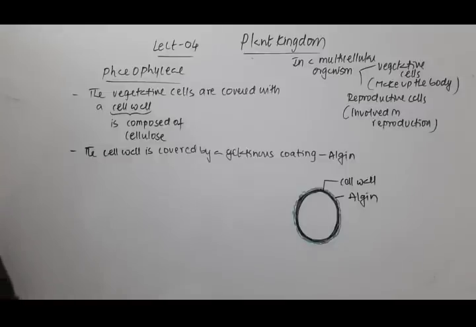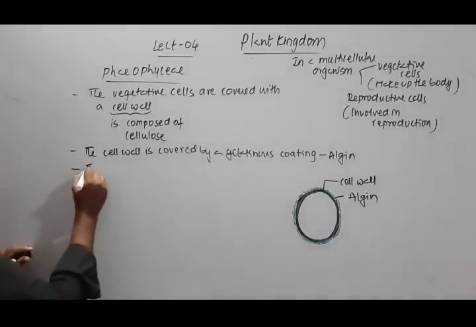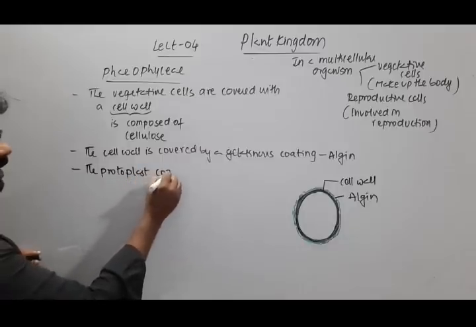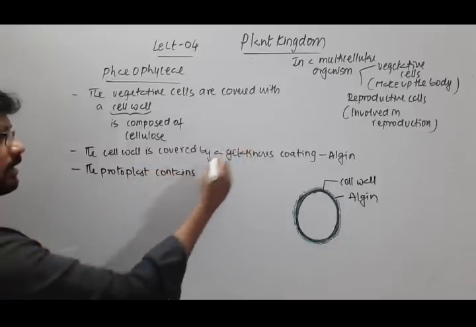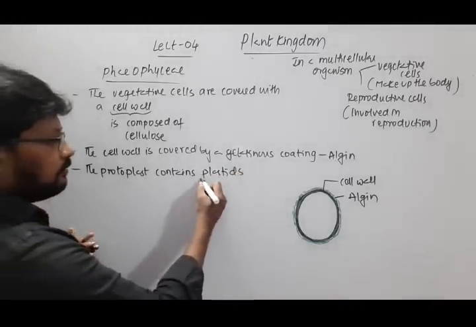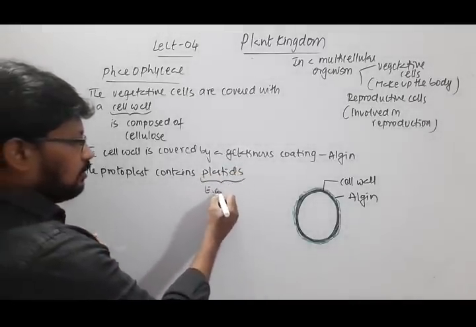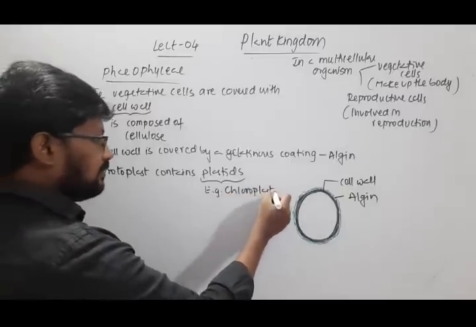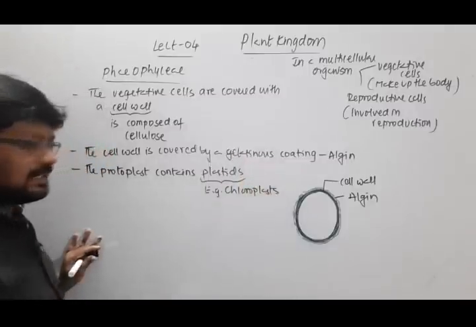Then the protoplast contains plastids. One example of a plastid is the chloroplast. There are different types of plastids that we will discuss later.